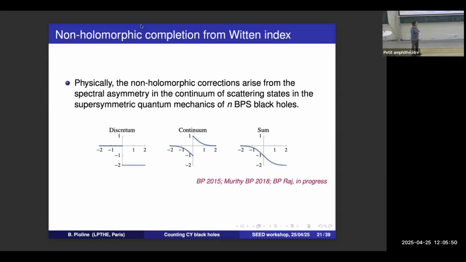So you achieve both modularity and smoothness across the wall by taking together the discrete and continuum parts of the spectrum. This was understood in this paper for the two-body setup. But with my student Rishi, we managed to extend that to an arbitrary number of centers.